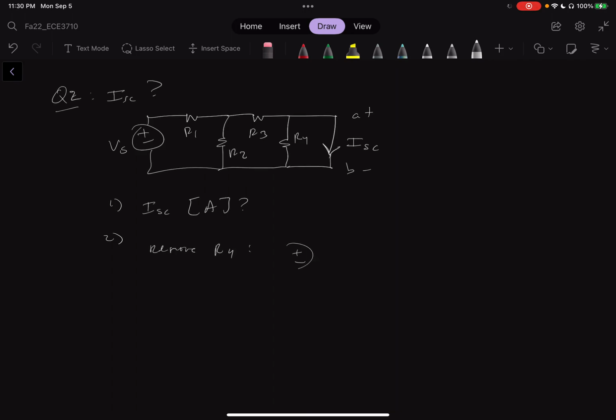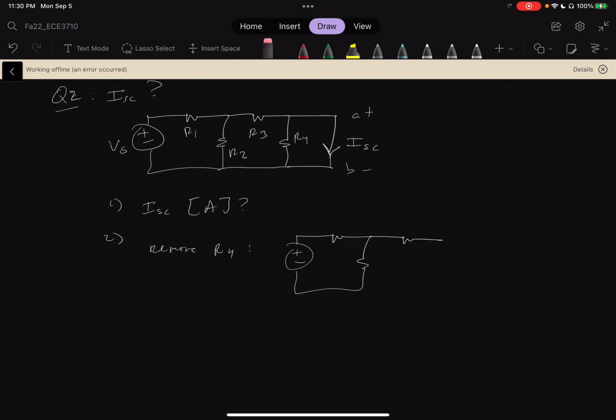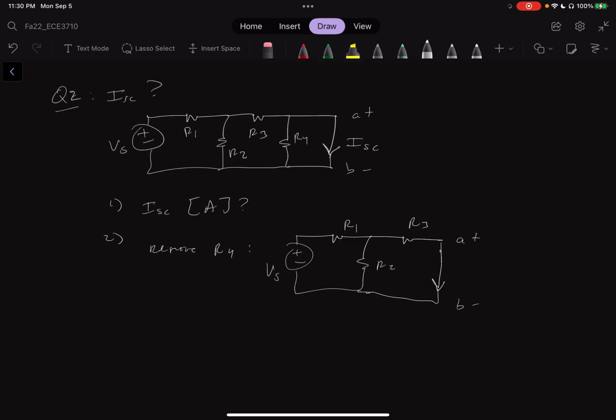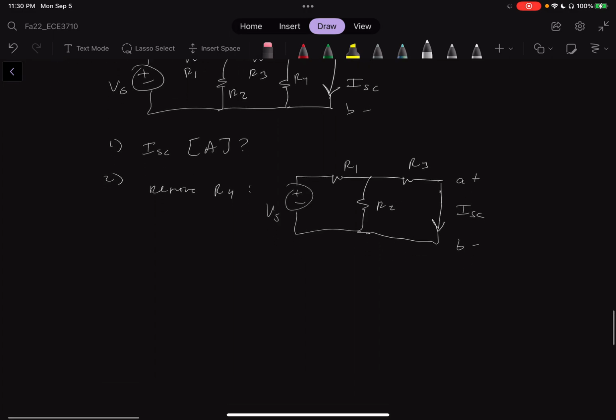And that drawing now looks like A plus, B minus, R3, R2, and VS, ISC. And we actually did this in the previous problem, but I'll go through it again.